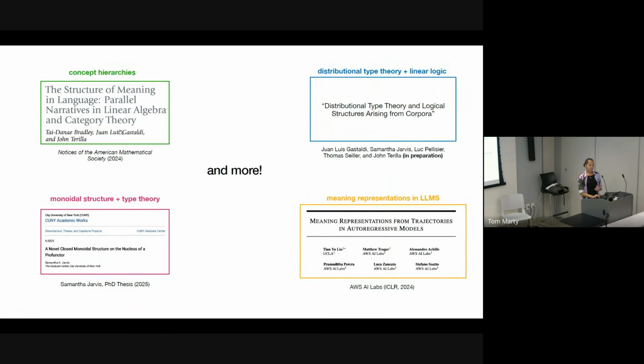This paper on the upper left makes the connection in the following way. Just think about singular value decomposition for a second. You have some information in a large space and you want to compress it into a smaller dimensional space where you actually have meanings or something interesting, and this is where word embeddings come from.